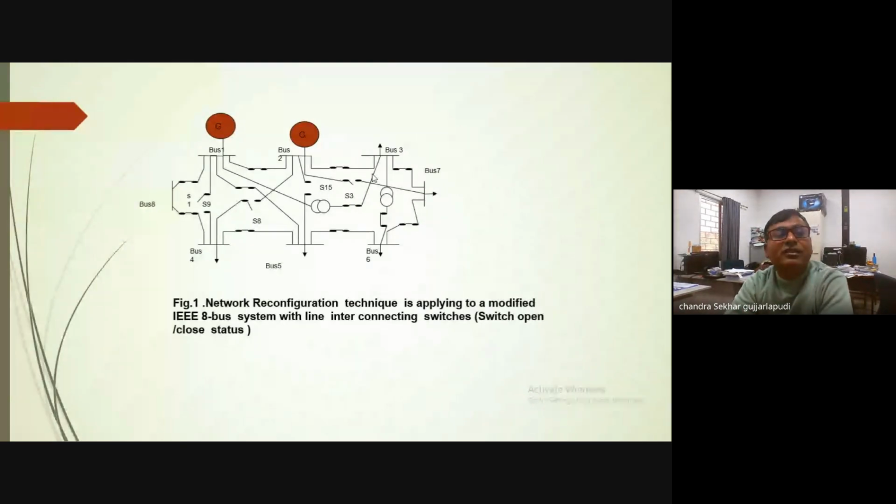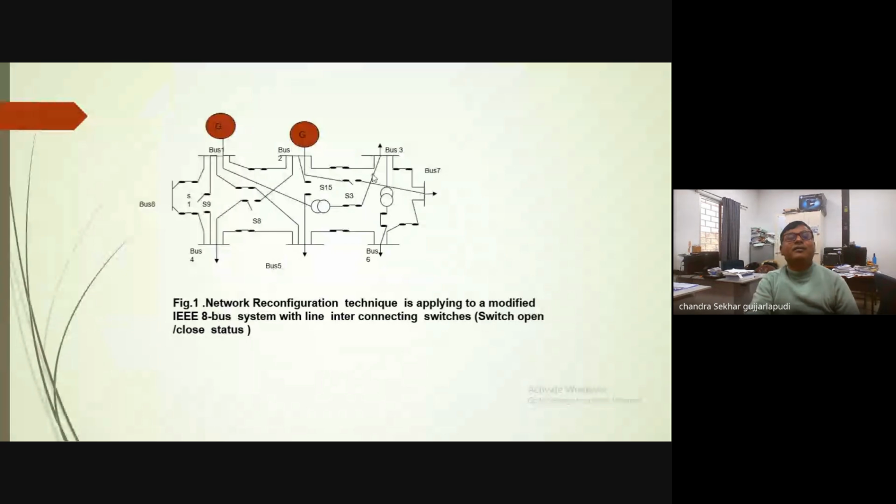As I told you, for a particular small system, the 6-bus system, we can have 2 to the power 15 minus 1 configurations. That is 2 to the power 10 into 2 to the power 5. 2 to the power 10 means 1K, and 2 to the power 5 means 32. So in total we have 32K switching patterns.